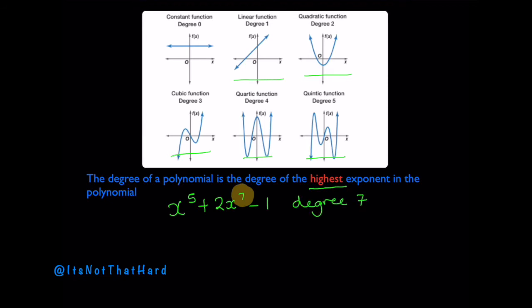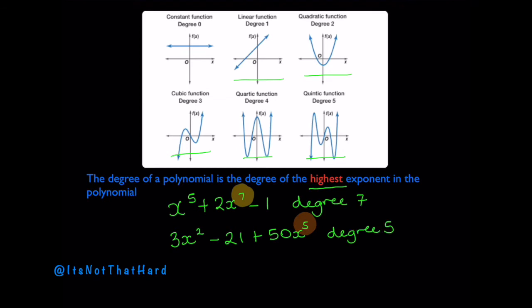Same thing, if we had another polynomial, let's say 3x squared minus 21 plus 50x to the 5. Here, the highest degree in this polynomial is not x to the 2, it's actually x to the 5. And so that means that this polynomial would be degree 5.